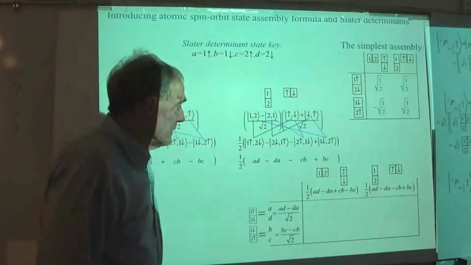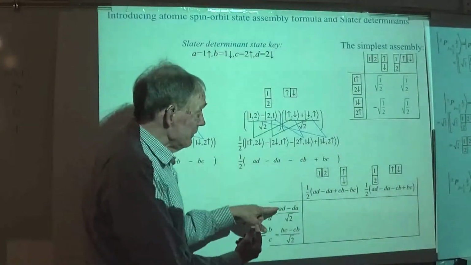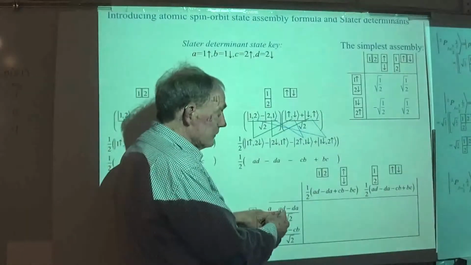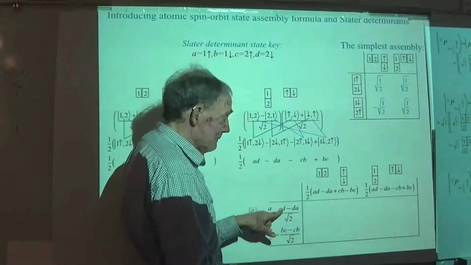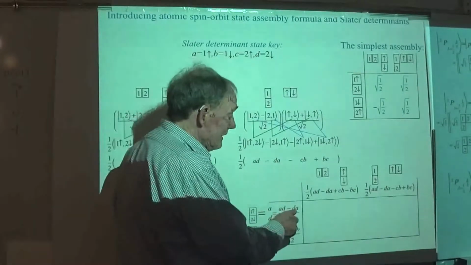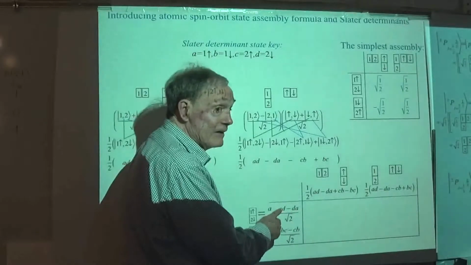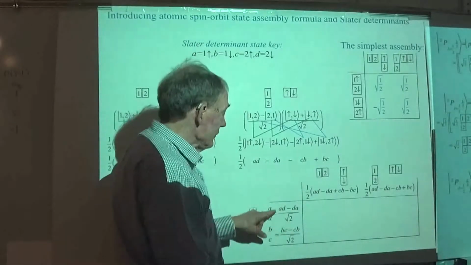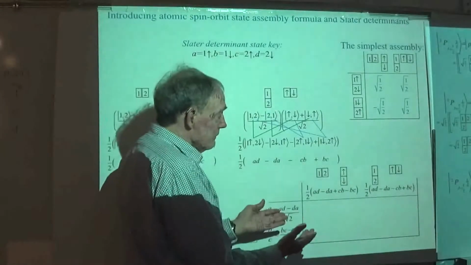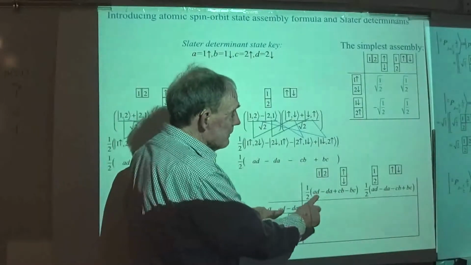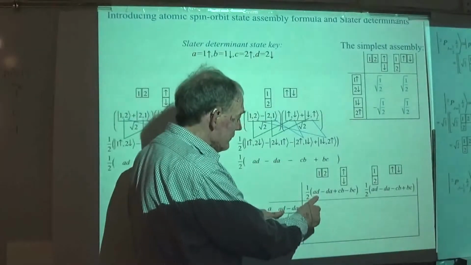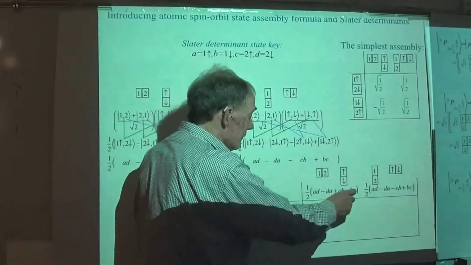So now what we have to do is remember these are double ket vectors, and they're going to be orthogonal to anything up there that doesn't look like them. So DA is orthogonal to AD. When this thing multiplies this thing, the only thing it can do is get a number from the AD going to the AD. AD is not going to pay any attention to the other guys.